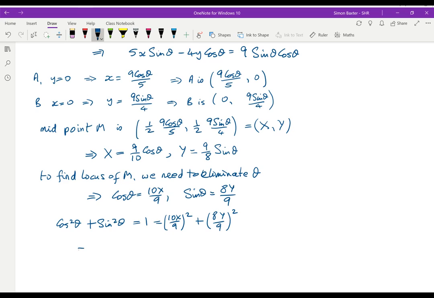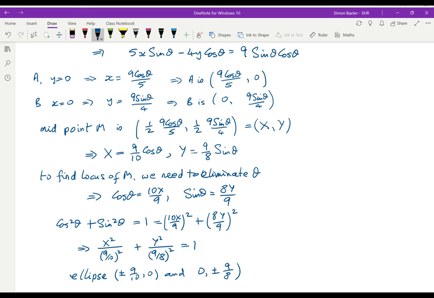And I can rewrite that as x squared divided by 9 over 10 squared plus y squared divided by 9 over 8 squared equals 1. And that is an ellipse going through plus or minus 9 over 10, 0, and 0, plus or minus 9 over 8.